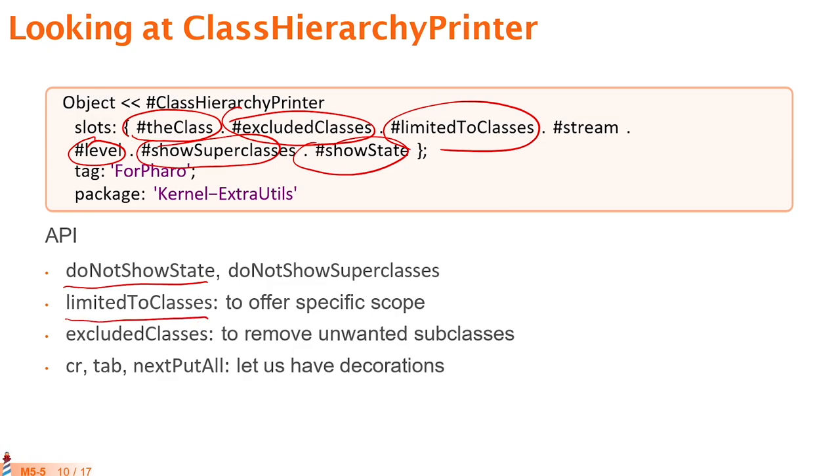And we can also add all the kind of API that we need for implementing, for example, decorations. If we want to add more tabs between each of the elements, or we want to leave white lines in the middle, all that behavior is implemented in the class hierarchy printer object.